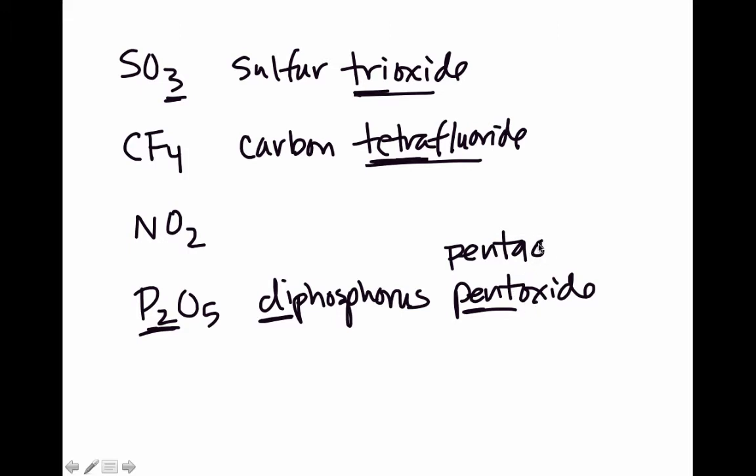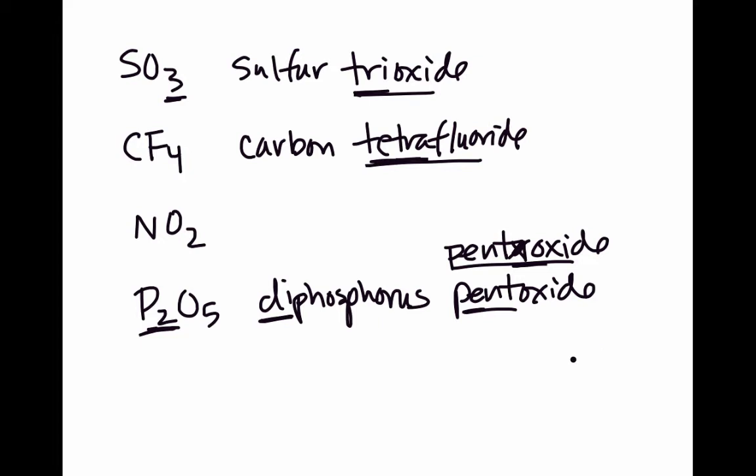But when you have those two vowels right next to each other, we typically drop the A and make it just pentoxide, one word. So instead of pentaoxide, we would just do pentoxide. Instead of tetraoxide, we would just do tetroxide. And if you make that mistake in the next few days, I can point that out. That's something we can correct very easily.